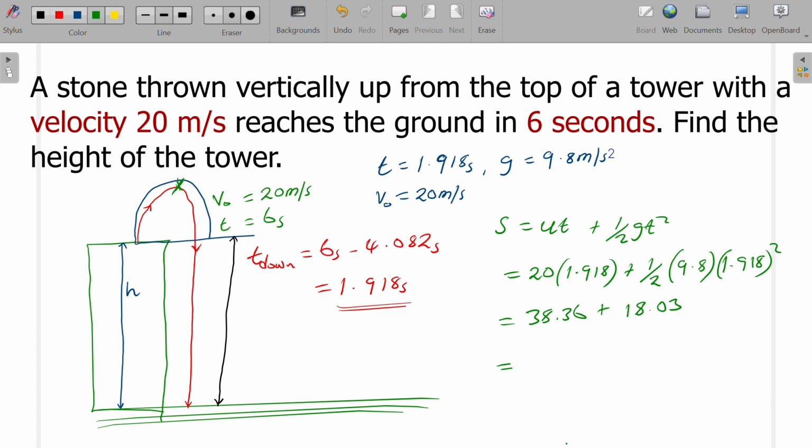When we add everything here, the answer we get is 56.39, which is the same as 56.4 to a single decimal place. So this is now the height of the tower that we are looking for, and that's our answer for this question.